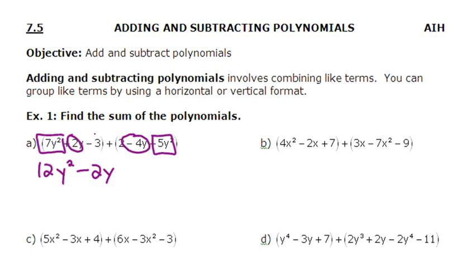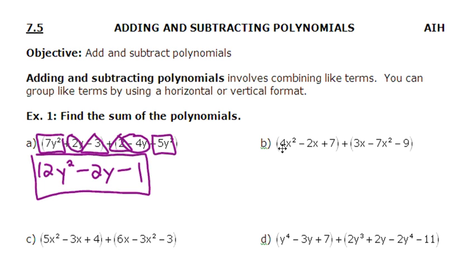And then I have the negative 3 and a positive 2. So negative 3 plus 2 is negative 1. After here, I'm done. I can't combine any of these terms because they don't have the same variable to the same power. So this is my answer.